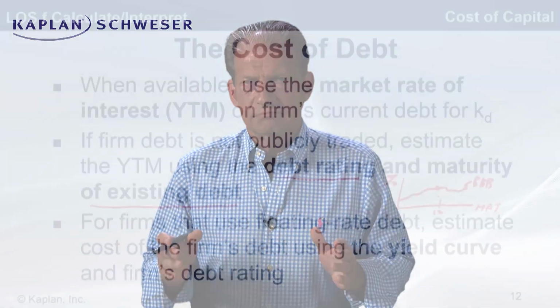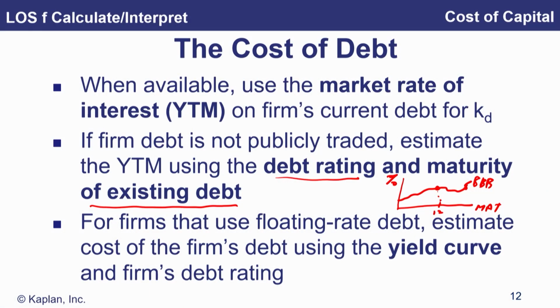And in that case, the assumption is that, well, if you pay one-year rates over a 12-year period, the average of all of those is probably pretty close to what you would have paid had you issued 12-year fixed-rate debt. So for firms that use floating rate debt, you should estimate the cost of the firm's debt using the yield curve and the firm's debt rating. So we're right back to this.